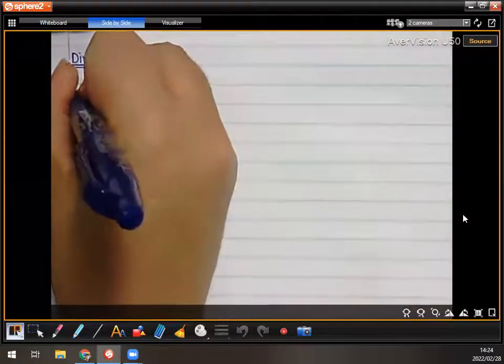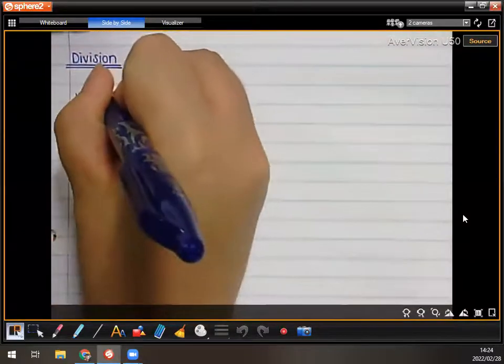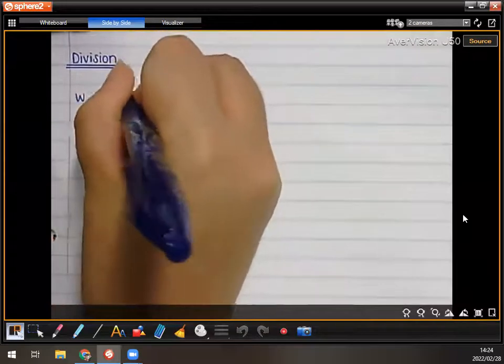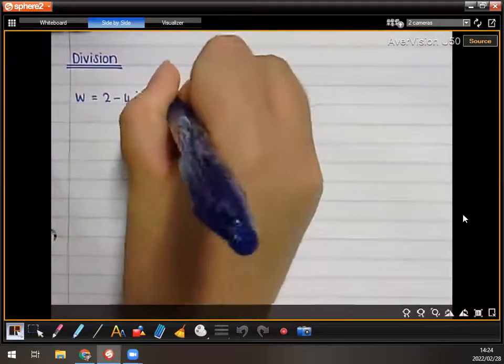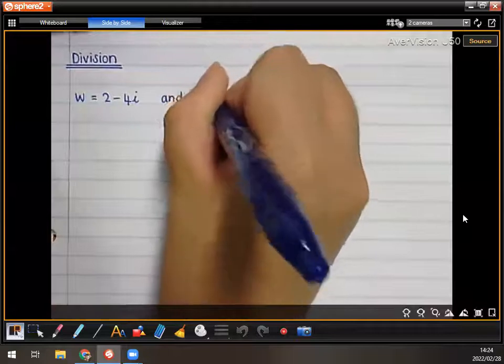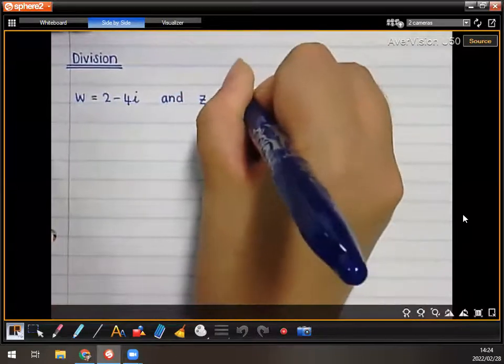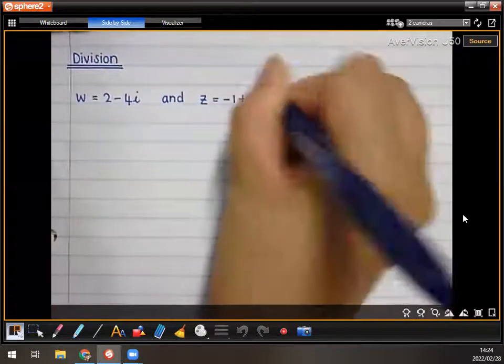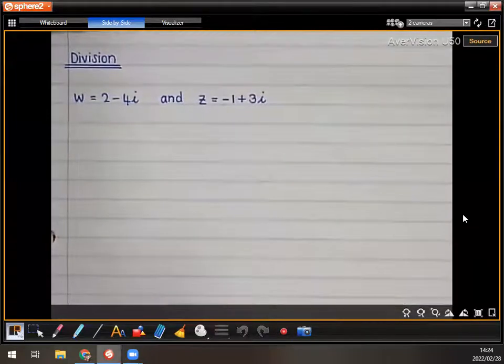Okay, guys, now for division, it's a bit more complicated. Again, we are working with W, which is 2 minus 4i, and Z, which is -1 plus 3i. In a complex number question, they will tell you what the complex numbers are. I'm not saying that W is always 2 minus 4i.